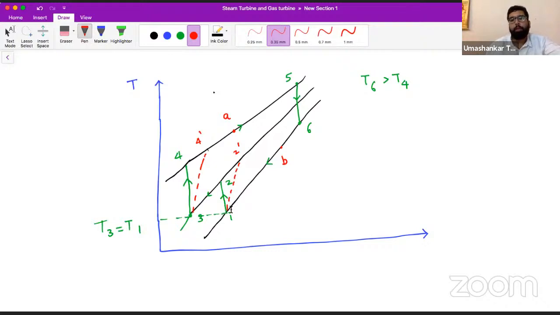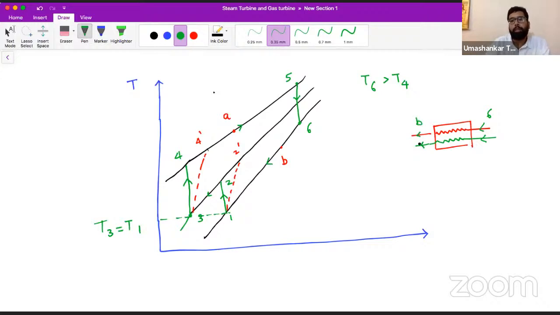Okay, so we will apply this regenerator. Now I am making a regenerator here so that no confusion will come to you. From 6 to B, hot fluid is going, and generally we put hot fluid upwards, although it doesn't make any difference, but you follow the same procedure as we do.